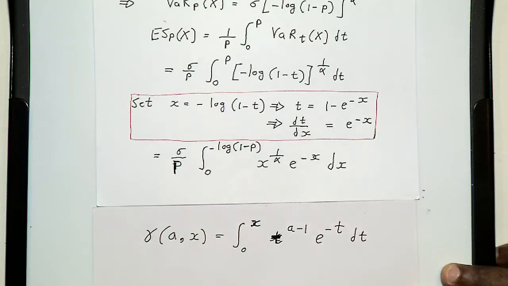It's known as the incomplete gamma function.